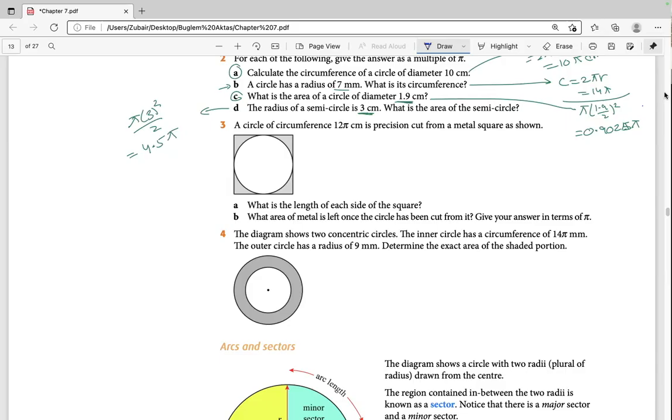Because the radius should be 6, so the full length of it should be 12. Very good. Radius is equal to 6 and this full length is 12.